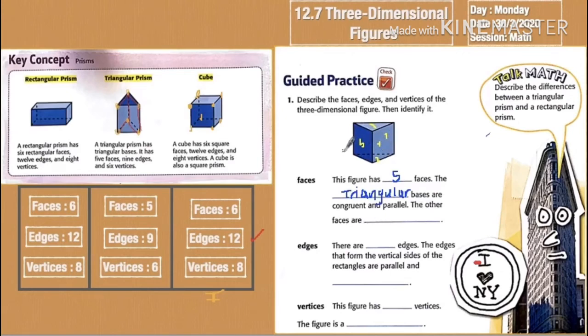To be side faces, which shape are they? If you look over here on the other side, we have rectangular faces.